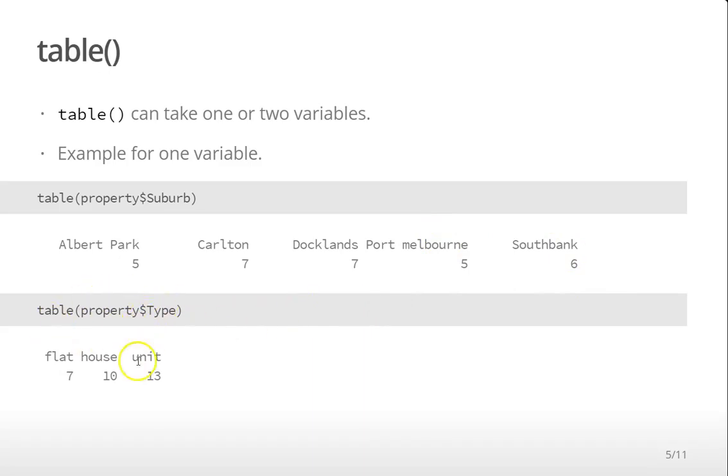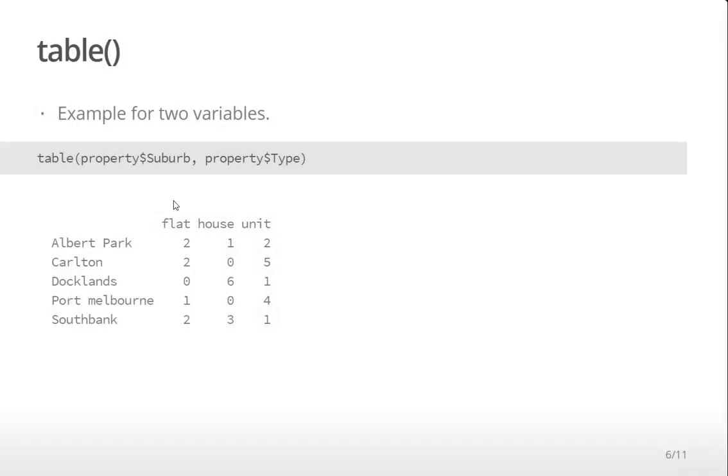Then I can also tell it, tell me about the frequency of different types of property. It's going to tell me I have 7 flats, 10 houses, and 13 different units. What if I want to explore the type of property in different suburbs? It will be 2 different variables.